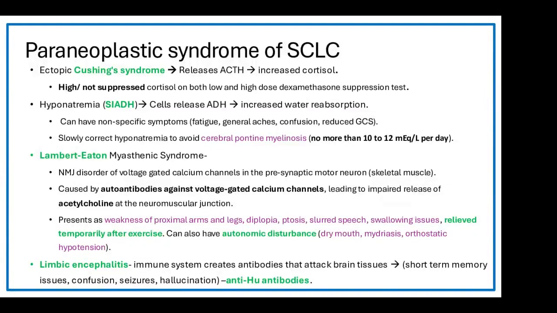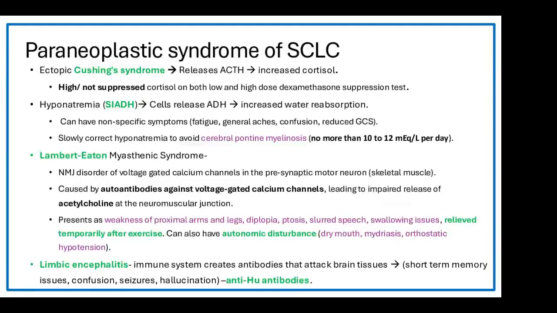Symptoms of low sodium include fatigue, general aches, confusion, maybe reduced GCS as well. And with hyponatremia, you want to slowly correct it, because if we treat it very aggressively, it can cause damage in the myelin sheath. So it can cause central pontine myelinolysis. So we want to correct it relatively slowly.